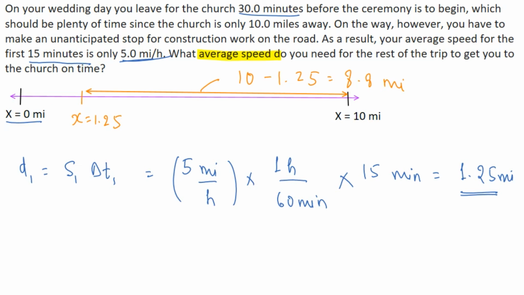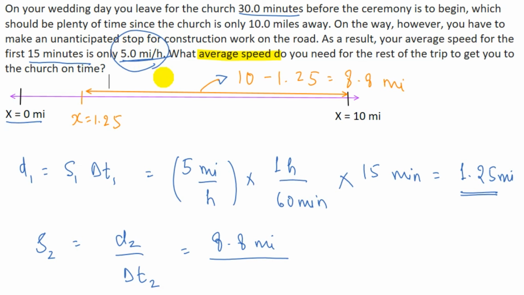Now his speed S2 would be equal to D2 over delta T2. Now for D2 we have this much distance, it should cover 8.8 mile, divided by, now time we have 15 minutes. So let us give the answer in miles per hour because the input data is given in miles per hour.